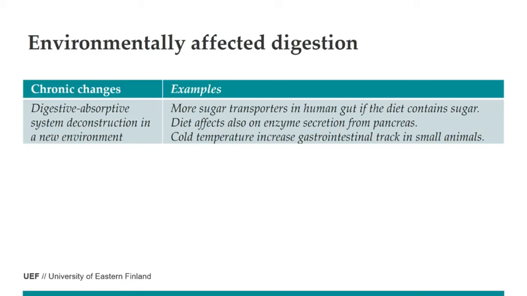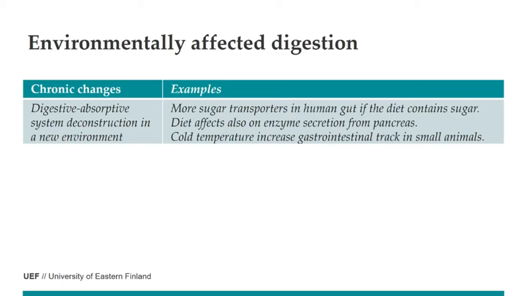In humans, we need sugar transporters to absorb the sugars into the circulation, and if our diet contains a lot of sugar, we have more of these transporters. That means that if we are eating sugar-containing food all the time, we get fatter with eating cake.